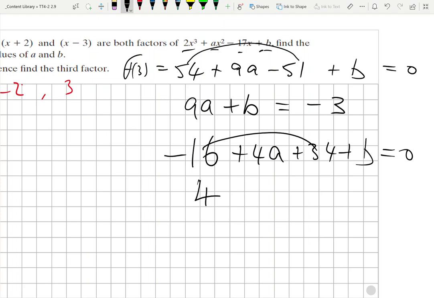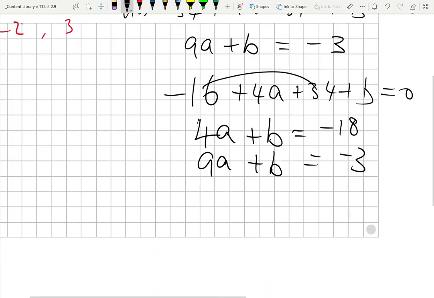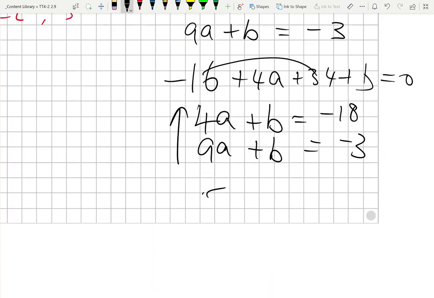So I have 4A plus B equals minus 18, and 9A plus B equals minus 3. Subtract up. A is 3. Quick substitution here gives me 12.